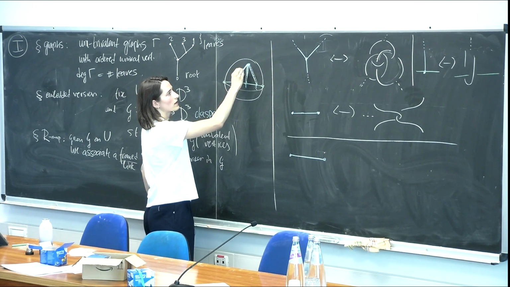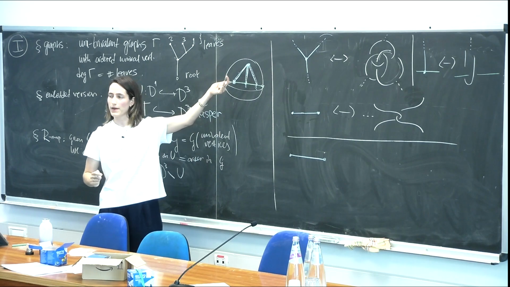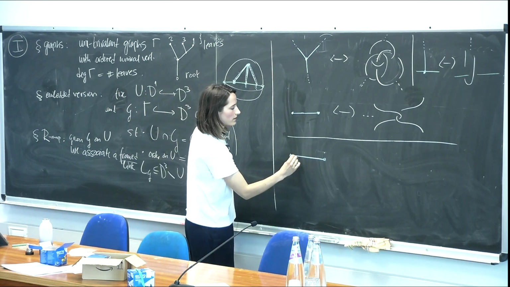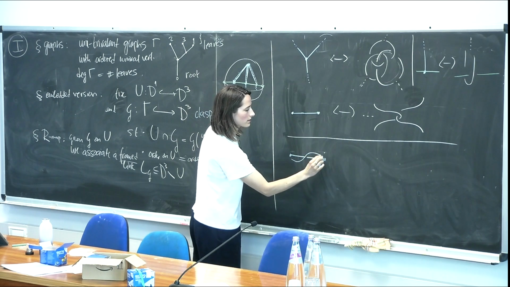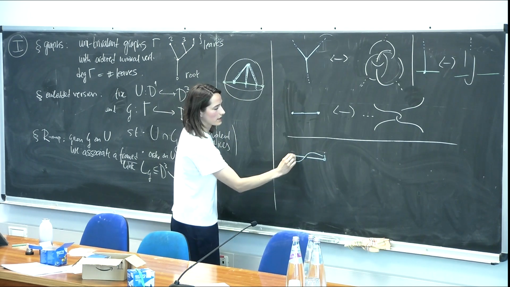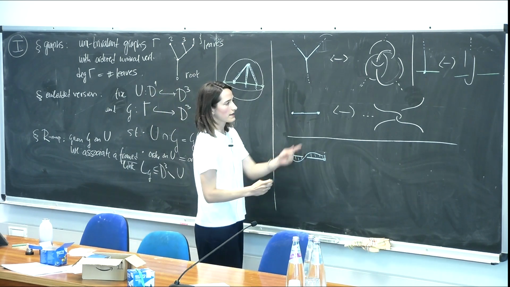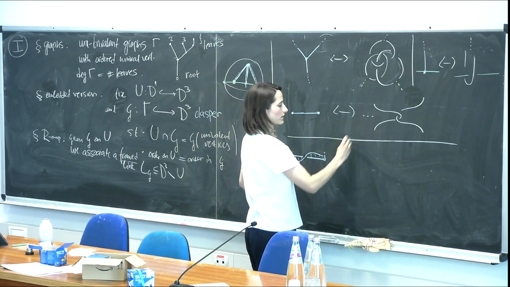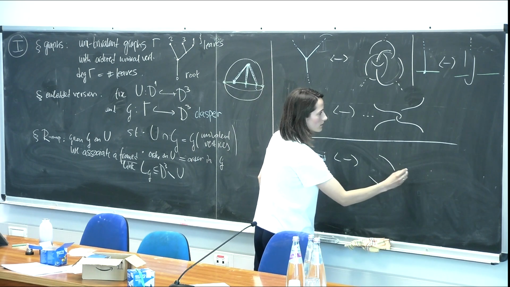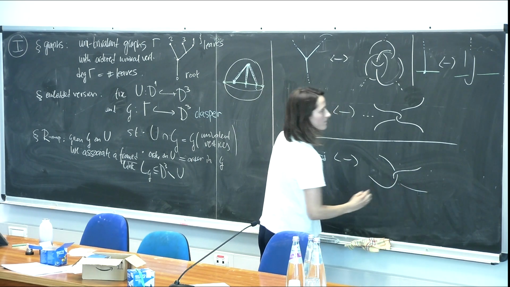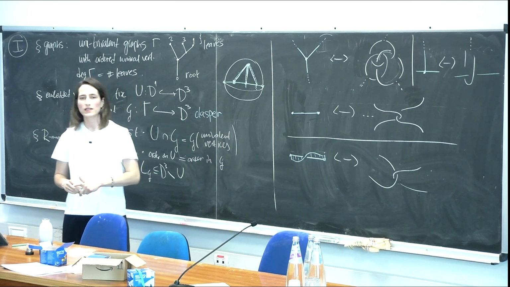But what I can also do is have a twist in a band, and that corresponds to doing here the other crossing. Okay. So I don't think it's important. We can also discuss it later.